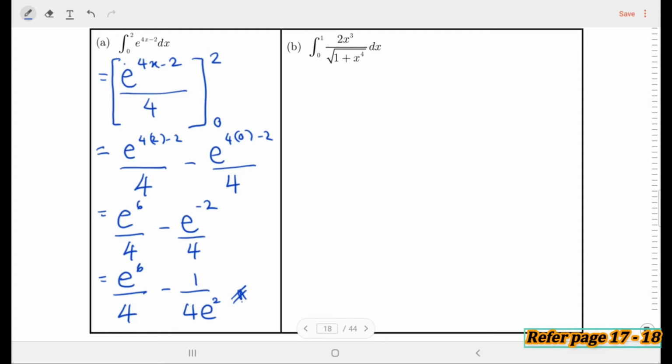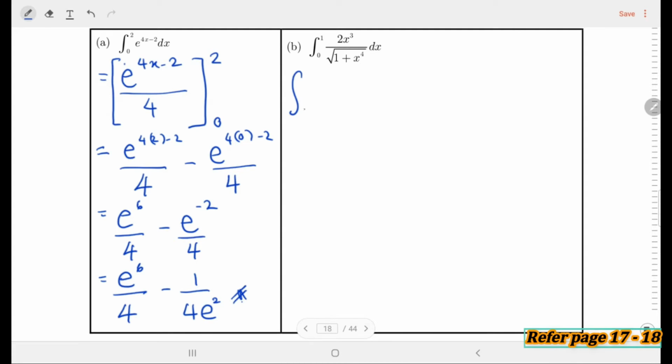This function could not be integrated straightforwardly, so we must choose the correct method, which is substitution. Clearly from here, I could see 1 plus x to the power of 4. When I differentiate, it becomes 4x to the power of 3. So let's get started.